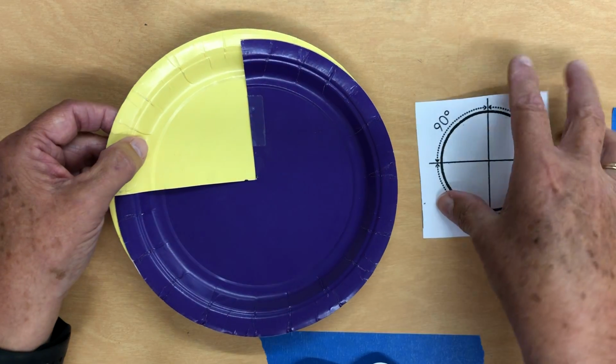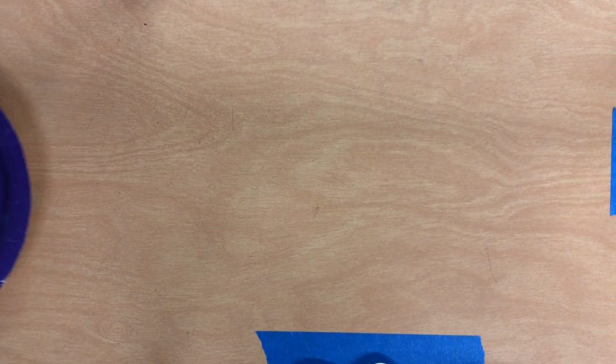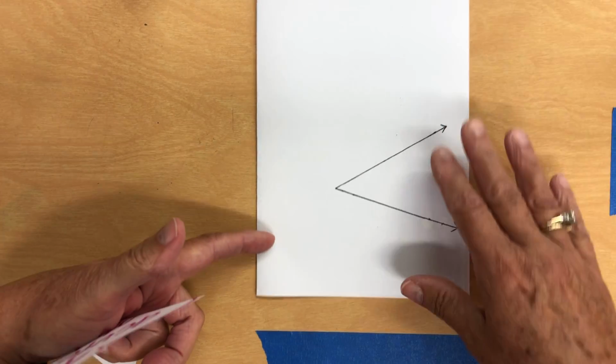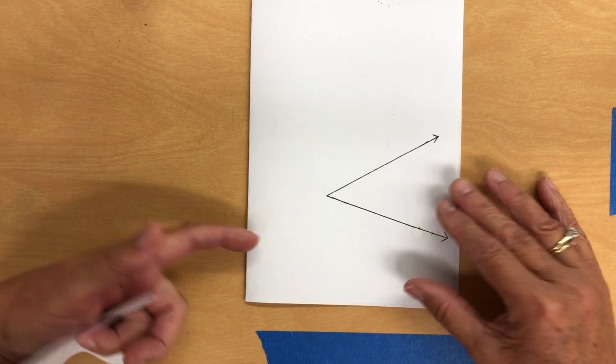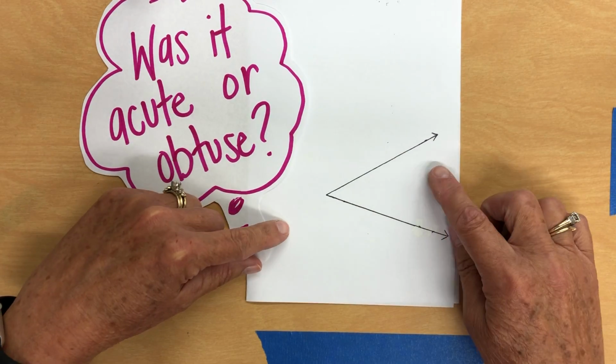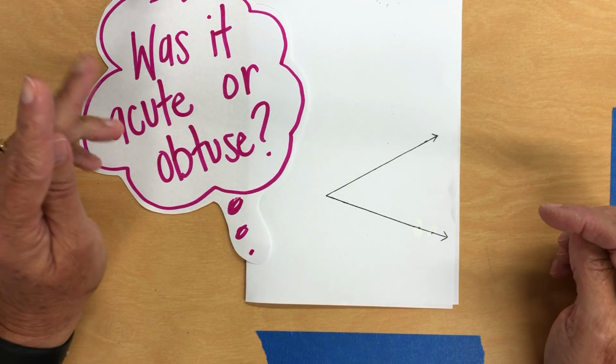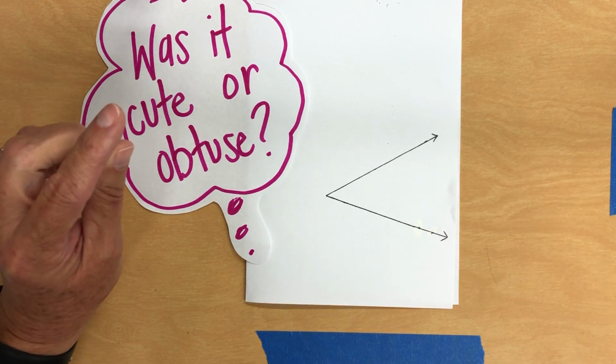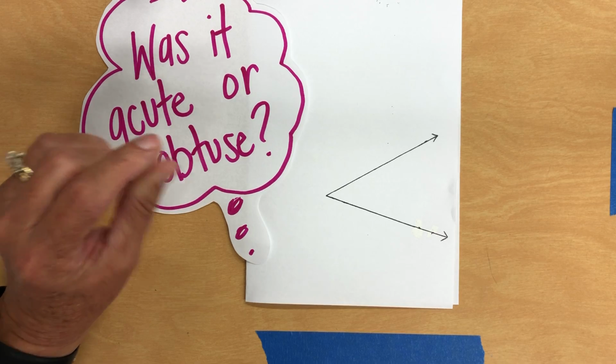360 degrees. Now then, I'd like to show you how to measure an angle using your protractor. First thing you need to think about, though, here's an angle. Is this an acute or obtuse angle? That's going to help you with measurement, seeing if it's reasonable or not.